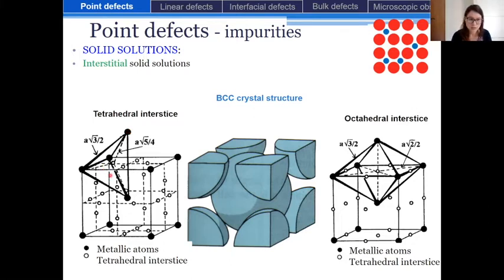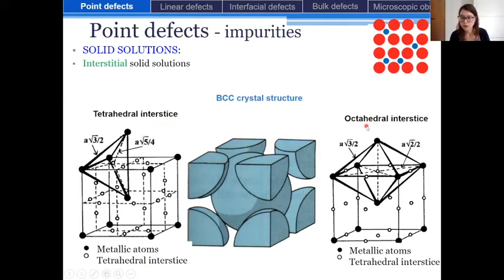Okay, so as it is represented on this figure, we have a tetrahedron, and so the center of this tetrahedron is a tetrahedral interstice. And so you can see that we find many tetrahedral interstices in the BCC crystal structure.